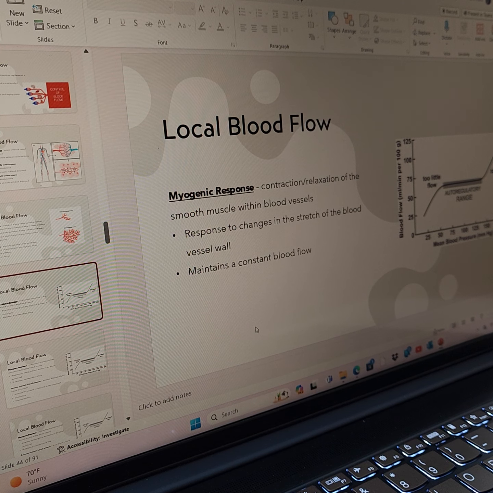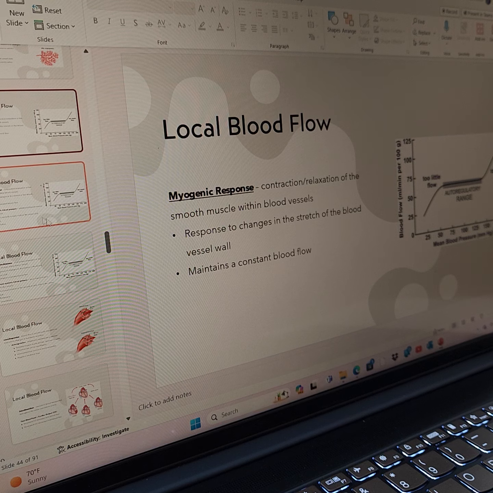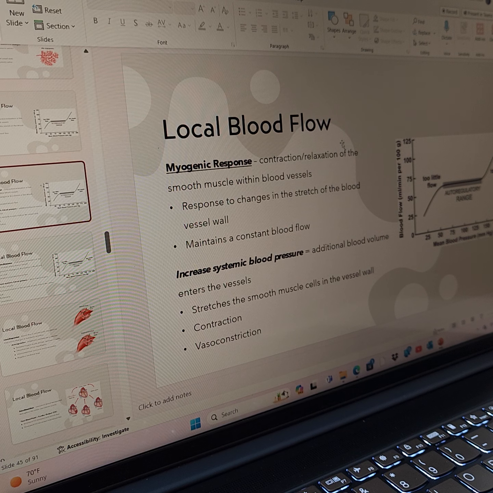The myogenic response is a contraction or relaxation of the smooth muscle within blood vessels. This is in response to changes in the stretch of the blood vessel wall, and this is to maintain constant blood flow. With an increase in systemic blood pressure, additional blood volume enters the vessels.